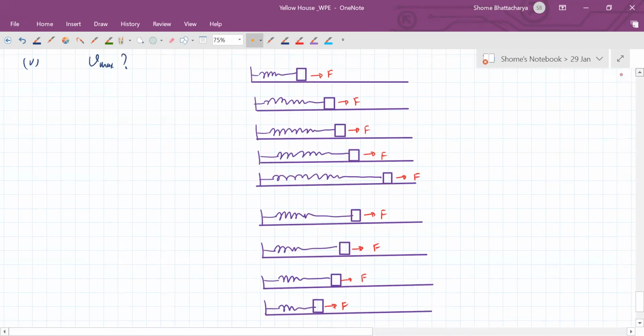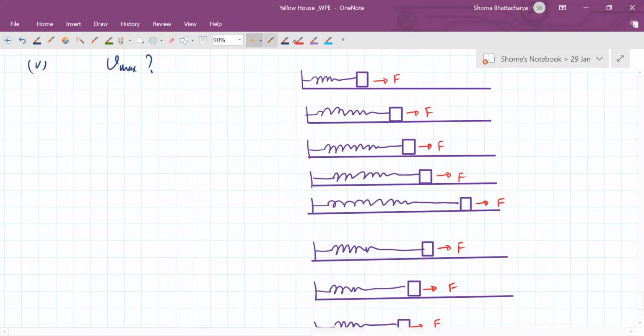Okay. So in this picture, the first one, our x is 0, okay. v is 0. So it has a maximum acceleration of 10 meters per second square.